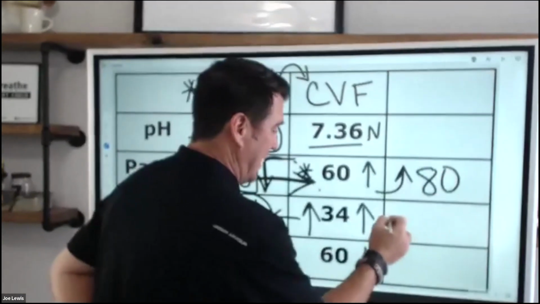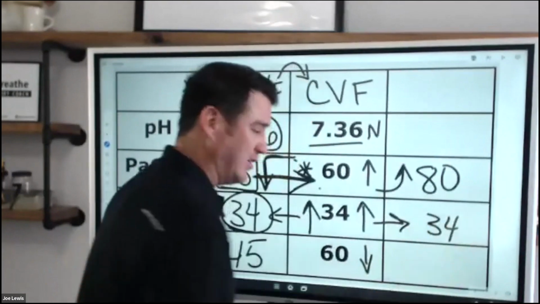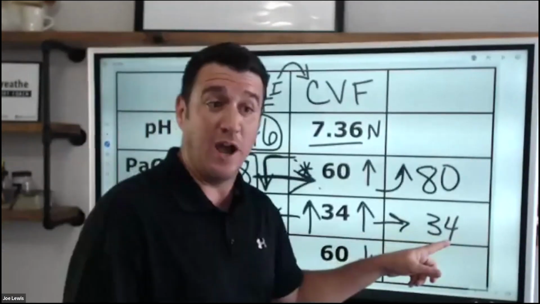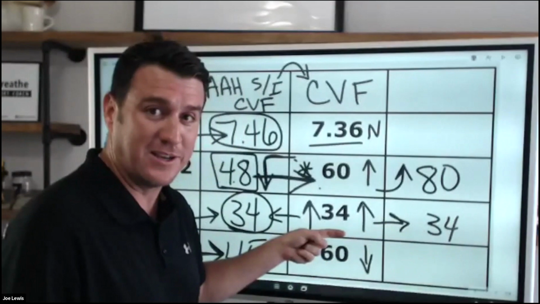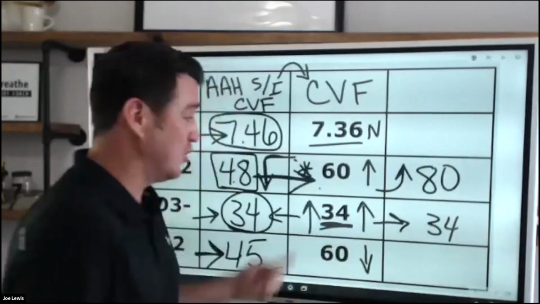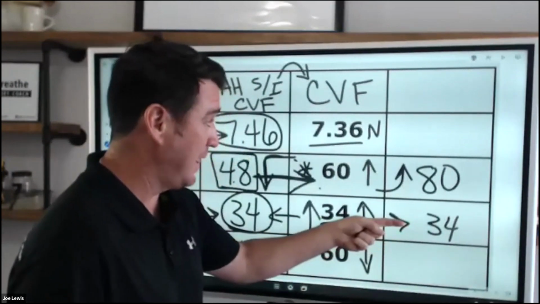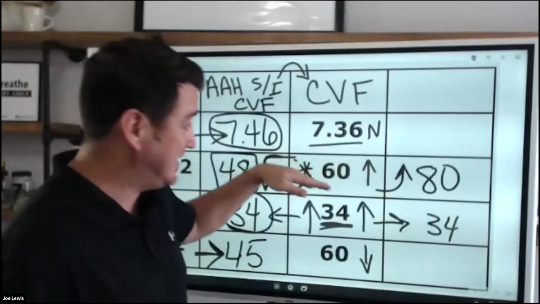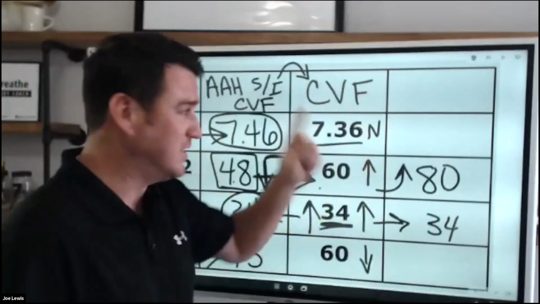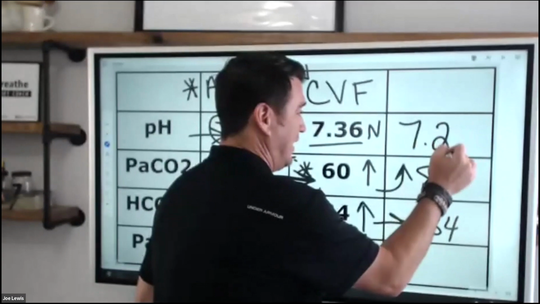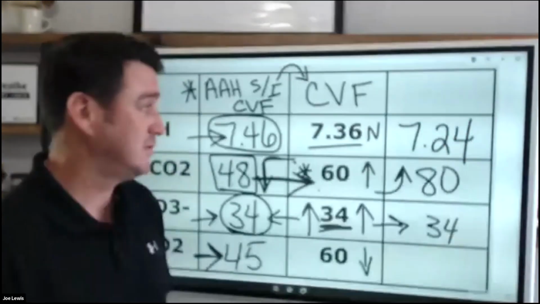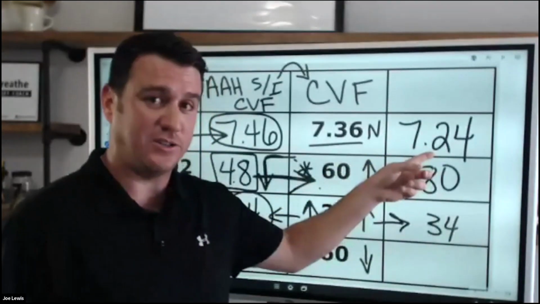Now again, bicarb stays normal. Now you go, wait a second, that's not a normal bicarb. It is for this patient because this is where they live. So bicarb remains constant. What does that do to pH? Anytime CO2 goes up, you know that your pH is going down. Now we have an acidotic pH.